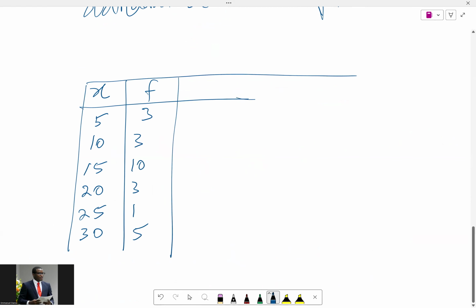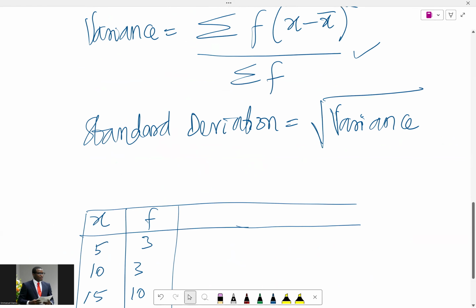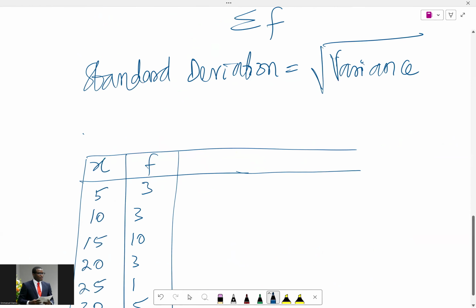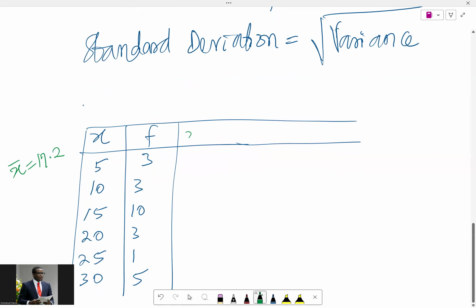And from the formula, we surely need x minus x bar in each case. So we know our x bar is equal to 17.2. From there, I think I can start color coding. This is necessary because we need x minus x bar in each case.